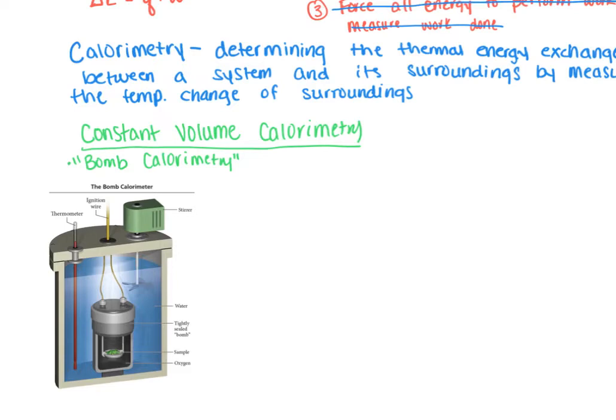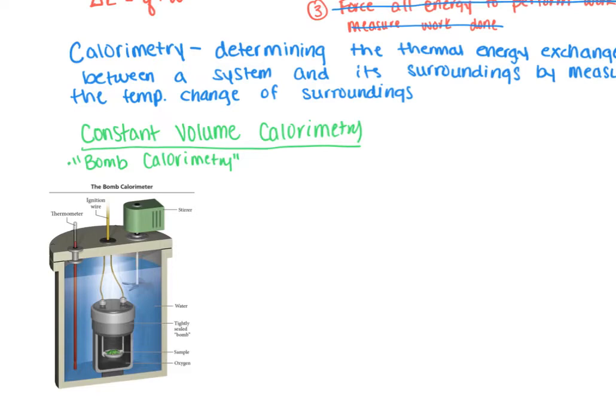And when we have that constant volume like that, it is going to cause the pressure to continue to increase because there's nowhere for the pressure to be released. So think back to the last chapter when we talked about some of the gas laws and how pressure and volume are related.